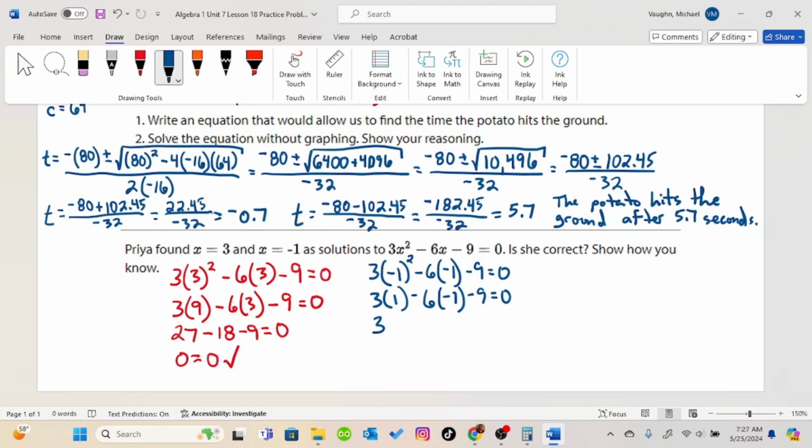Negative 6 times negative 1 is positive 6. 3 plus 6 is 9, and 9 minus 9 is 0. Because both of these solutions give me true statements, she is correct.